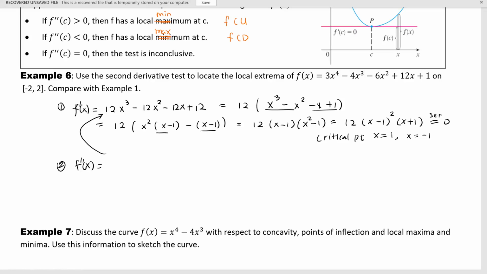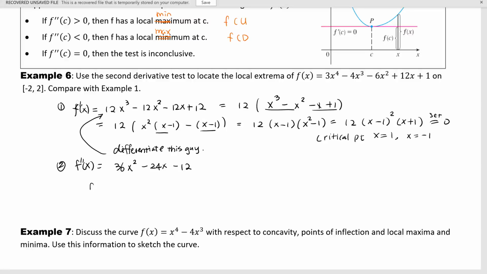Because then you just need to use the power rule instead of the product rule. Okay, so we differentiate this guy. Okay, so we have 36x squared minus 24x minus 12.